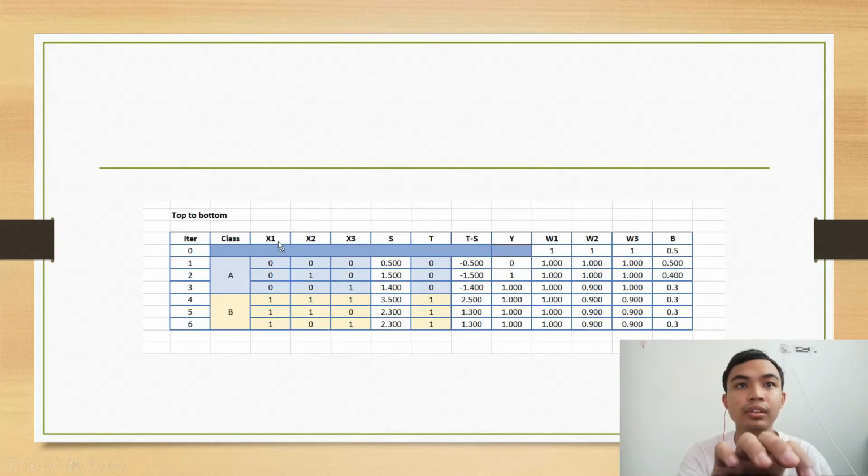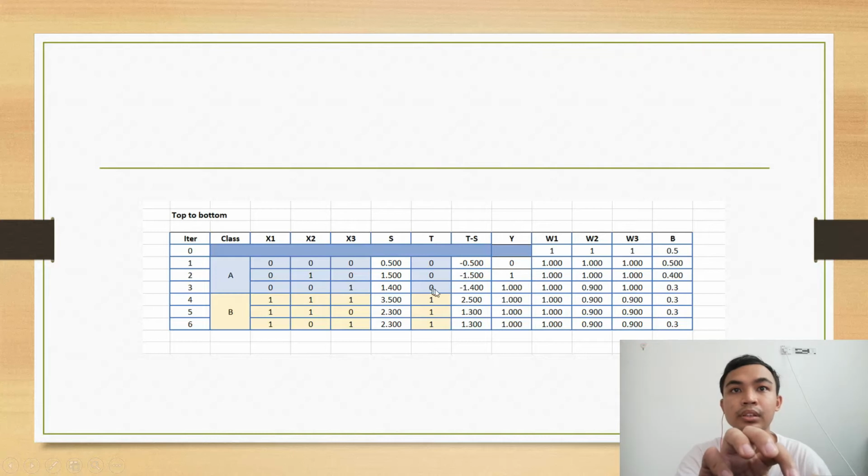So this is x1 times W1 plus x2 times W2 plus x3 times W3, and lastly plus the bias, which is 0.5. So the summation we get is 0.5.